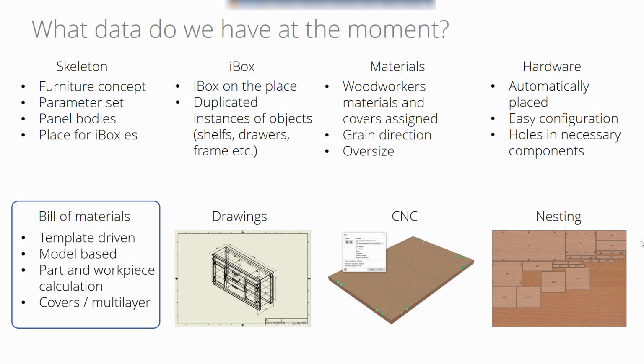So what we have so far is a template driven bill of material. It's model based and shows you the size of the part as well as the workpieces according to the grain direction, edge banding position and thickness, and technological oversizes. If you have multi-layer boards, those are in an exploded view, and you see each layer separately.